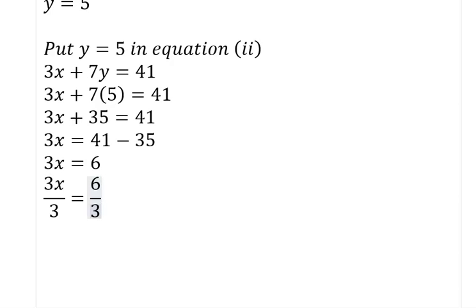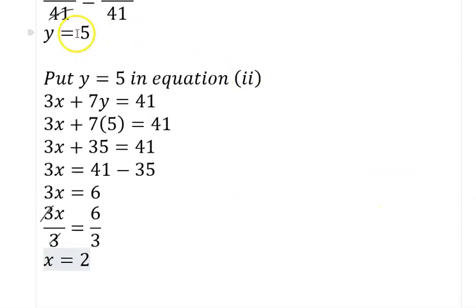By so doing, our 3 can cancel 3. So we are left with x equals 6 divided by 3, which will give us what? 2. So that's our x. So we've been able to get our y to be 5 and our x to be 2.